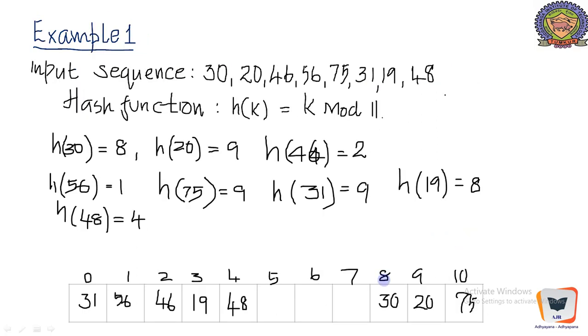For example, 20 got 9 as its hash value. So if 20 is deleted, and if the algorithm searches for 75 or say 31, the hash value of 31 is also 9 and 75 is also 9, therefore upon looking at an empty cell, the algorithm may decide the absence of that particular key, or it may mistakenly declare that the key is not found.